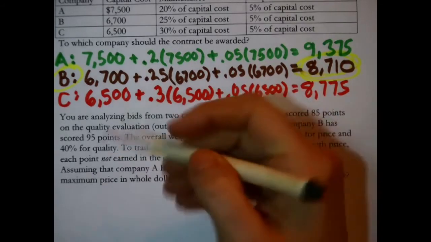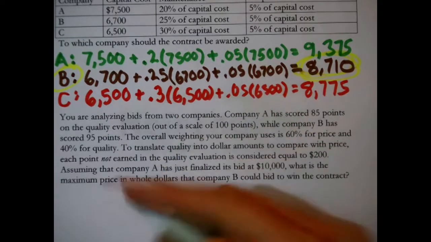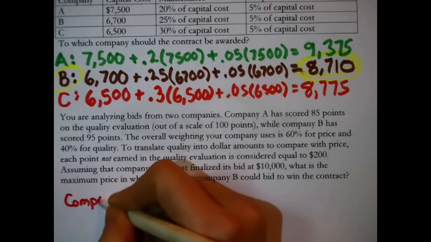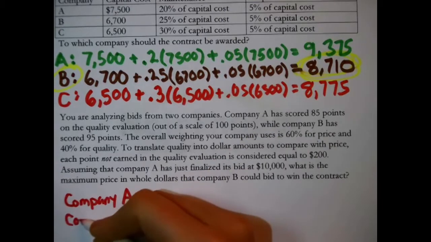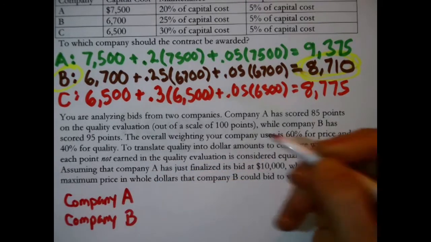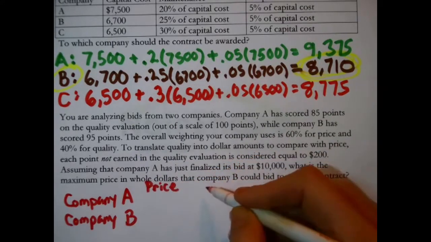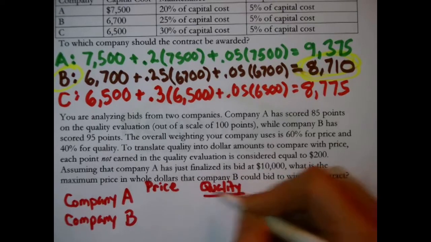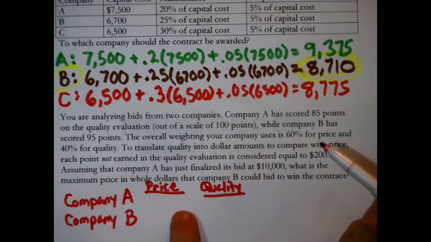Before we go any further, because it's got some more specific information, I just want to take some notes before I lose the thread. There are two companies here, unlike last time, Company A and Company B. And there are two different attributes that we want to look at simultaneously.